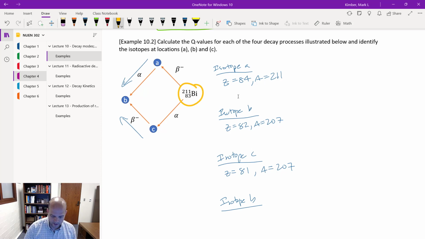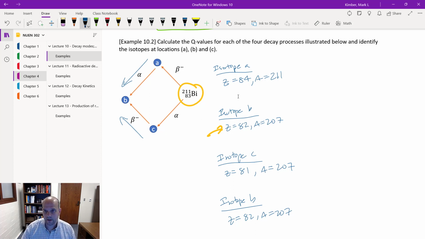So here we found out that isotope B had 82 protons and 207 nucleons. And if I look at now the beta minus decay from C going to B, then that's exactly what I find. I get one more proton, and my number of nucleons does not change from what it was in isotope C. So let's go and calculate our Q values.